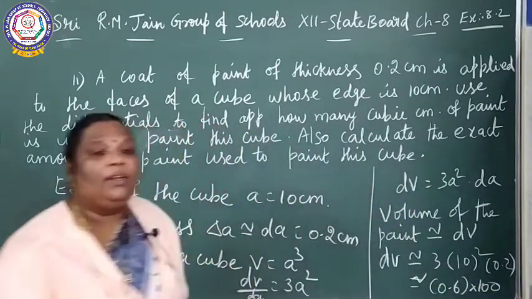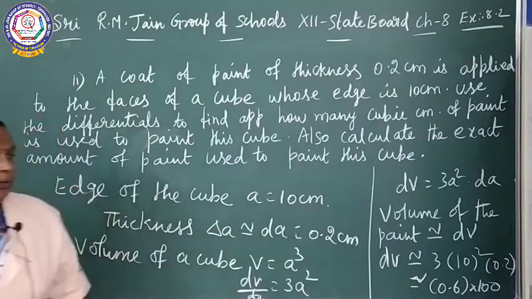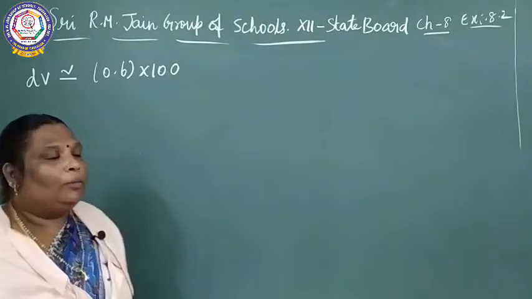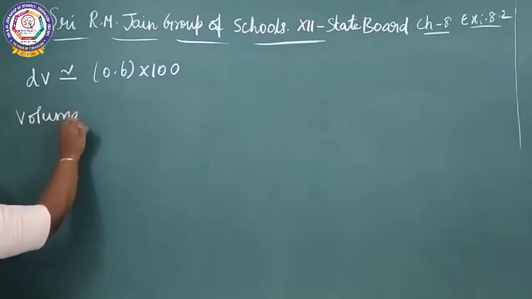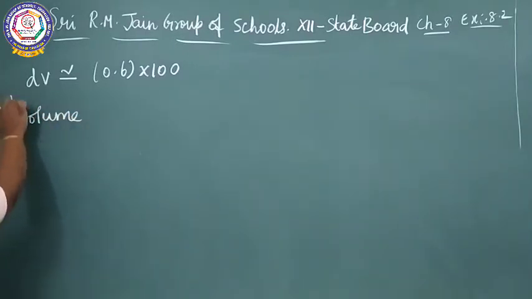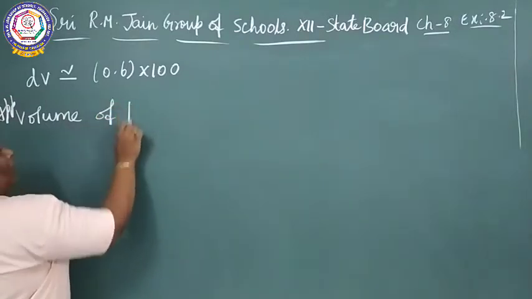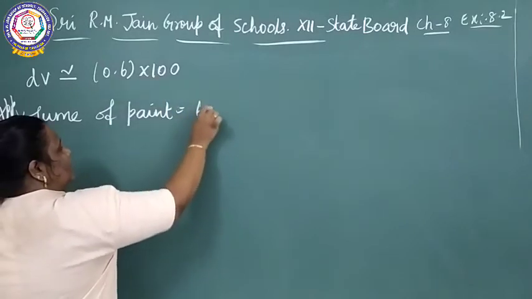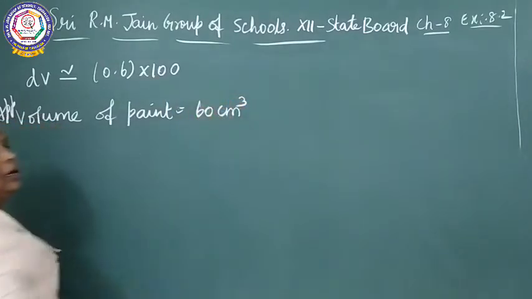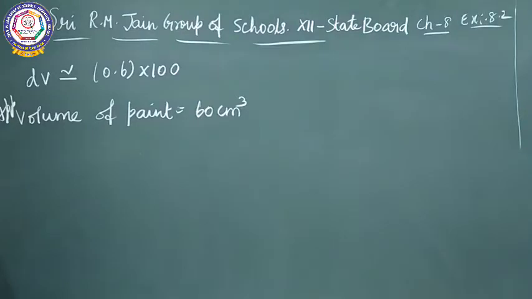Approximately what is the dV value? Approximate volume of paint equal to 60 centimeter cube.